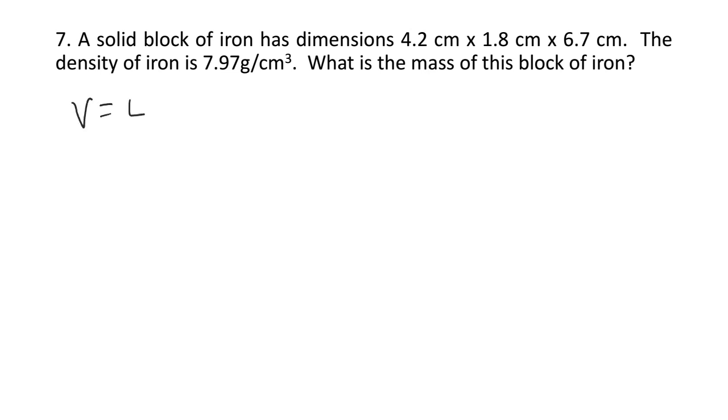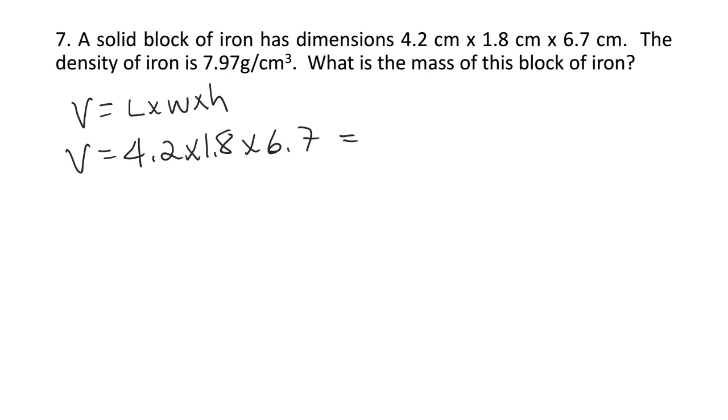Volume is length times width times height, if you remember from your algebra course. So we're going to take 4.2 times 1.8 times 6.7, and when we multiply all that out, we get 50.7 centimeters cubed. So there's our volume.